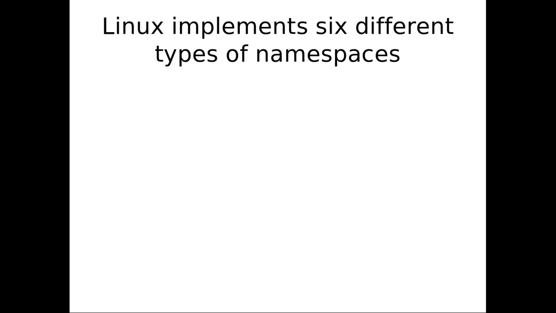In Linux, there are 6 different types of namespaces. PID isolates process IDs, providing a process ID to each Unix process.